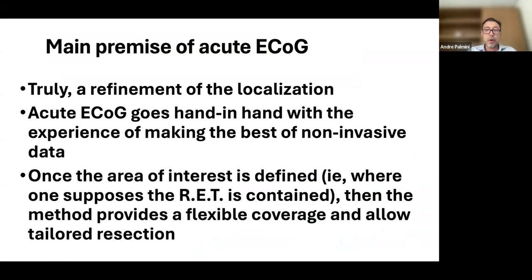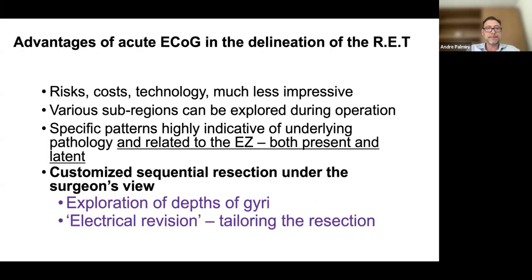Of course, you can only use this if you can manage well the non-invasive data, including semiology, okay? Because then the method provides what we call a flexible coverage, and then we'll tailor resection according to sequential recordings of the acute ECOG. Okay, there are these advantages.